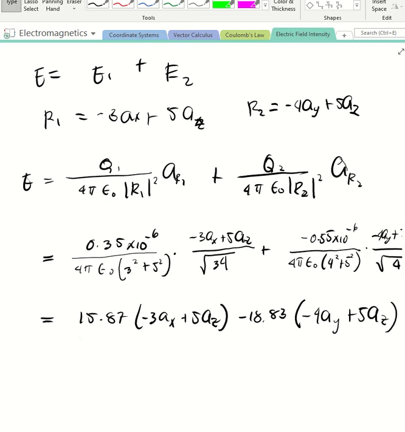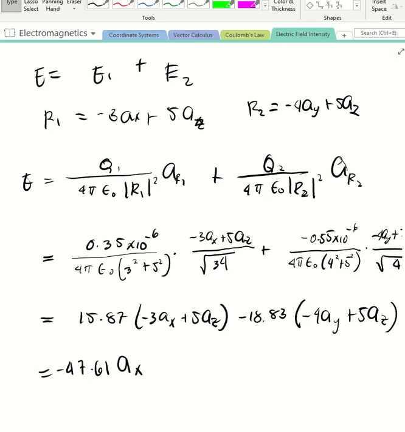So here now we have a negative value for ax. It should be negative 15.87 times 3, and that is 47.61. So this is negative 47.61 ax. Then we have negative 18.83 times 4. Negative will be positive.